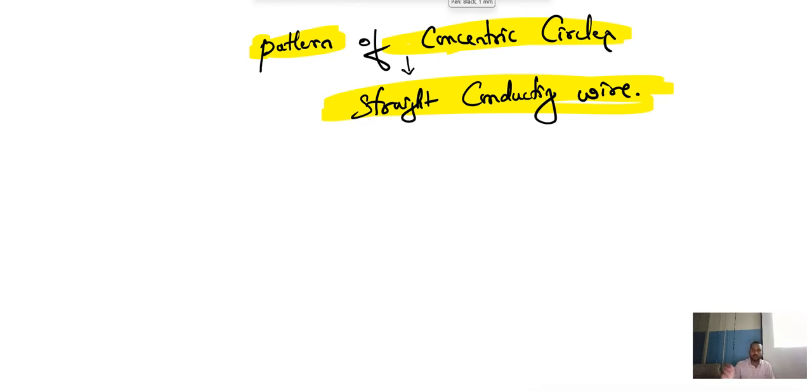Observe here. How to draw? First, take a piece of paper. Just take one paper, for example, like this. Make one small hole. Just insert a wire through this hole.